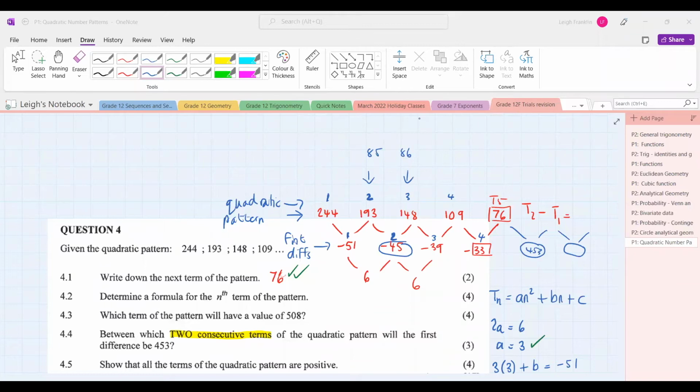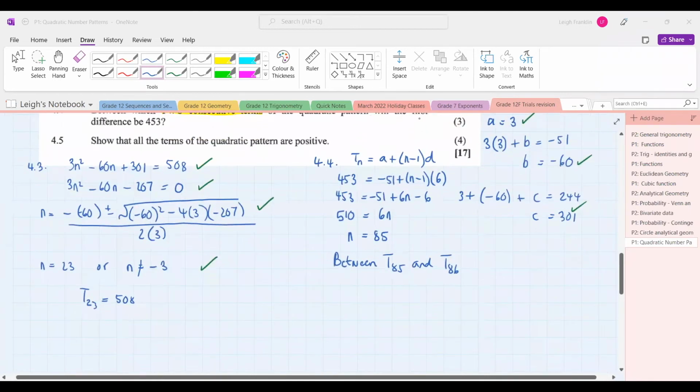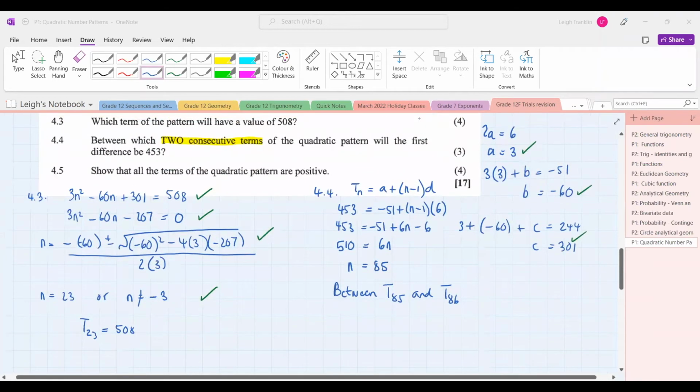Because the first term of the linear differences lies between the first and the second term of the quadratic pattern, the 85th term of the first differences has to lie between the 85th term and the 86th term of the quadratic pattern. Does that make sense? That's how we would know. Is that making sense? Okay.